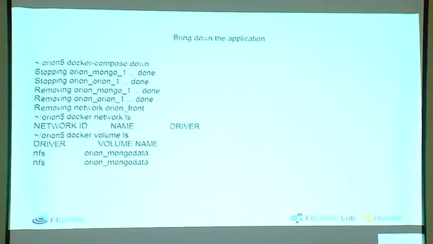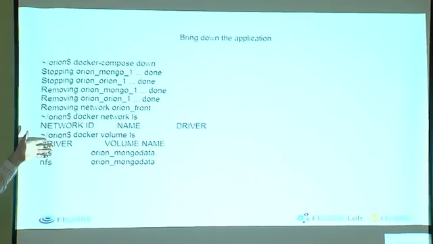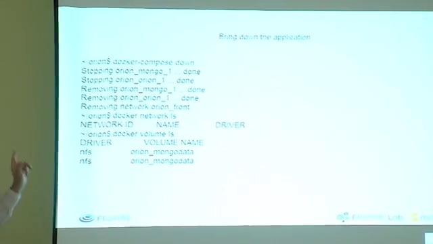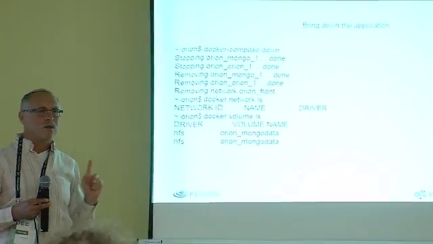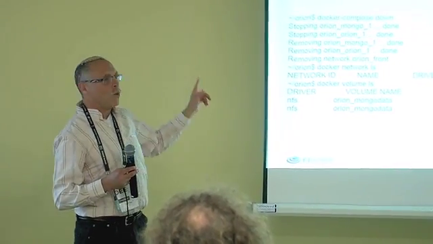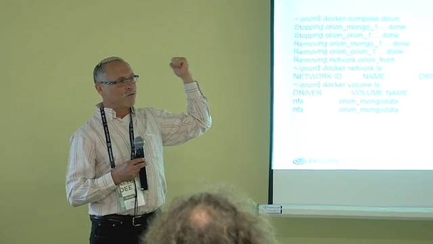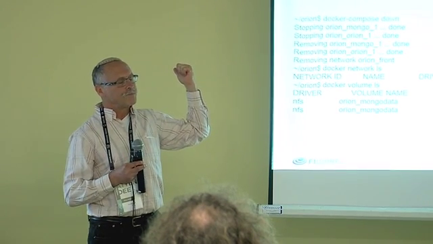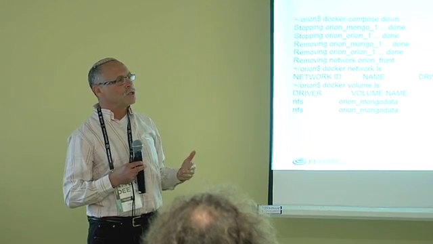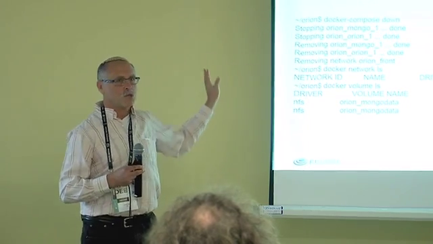Then to show you that everything is persistent, I bring down everything. Docker down brings down everything, but it doesn't bring down the driver, the NFS driver. By the way, if you previously used the version 1 YAML that used volumes_from, and you did the down, you just wipe yourself out.